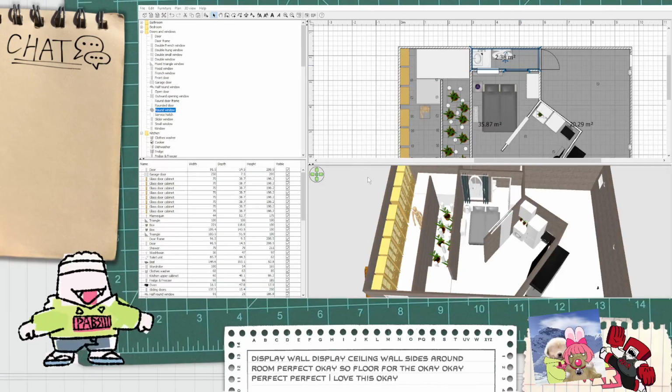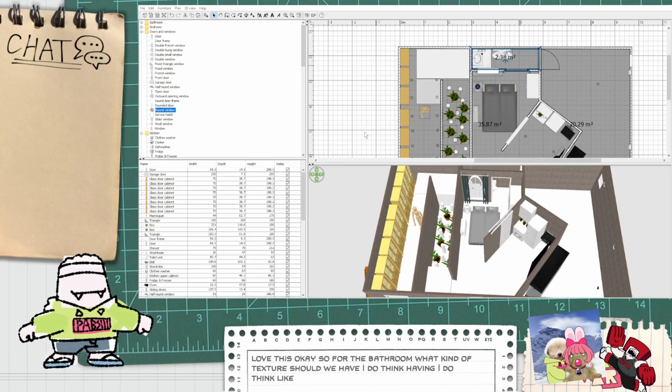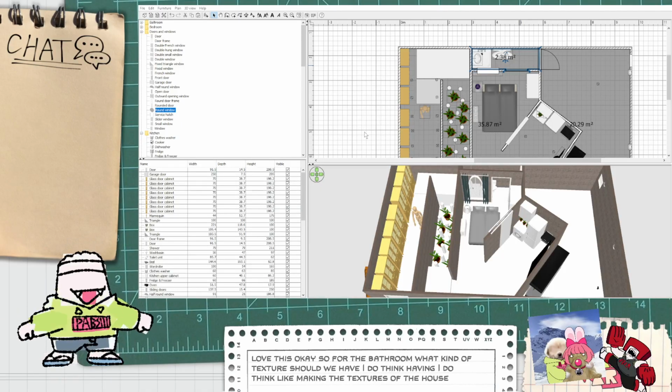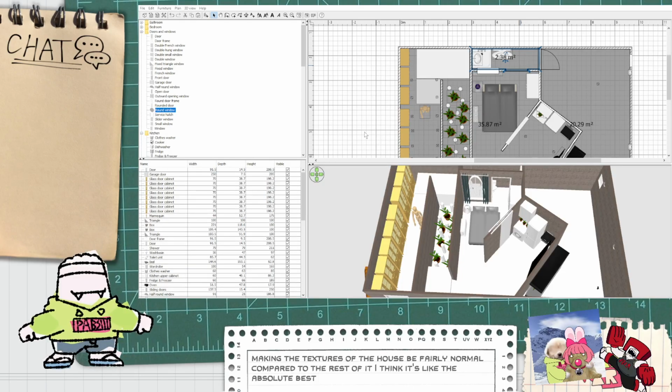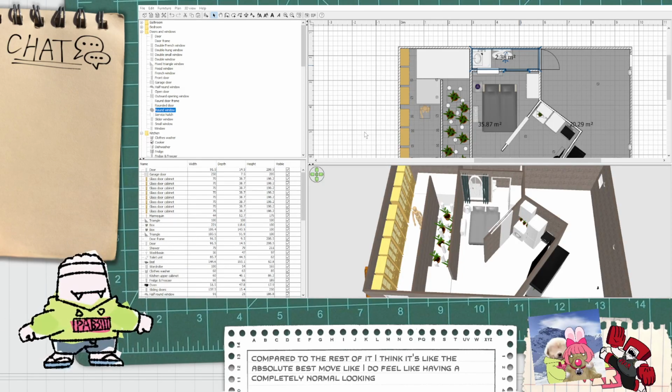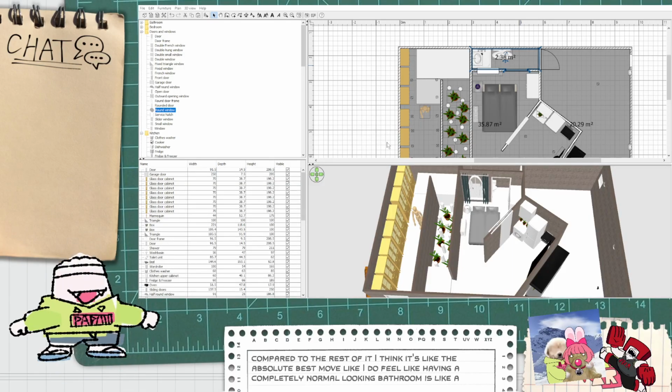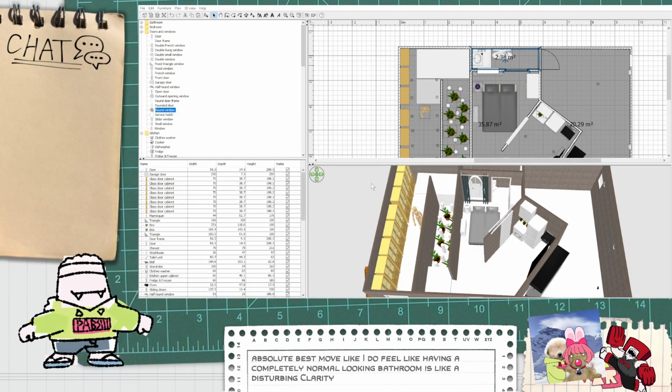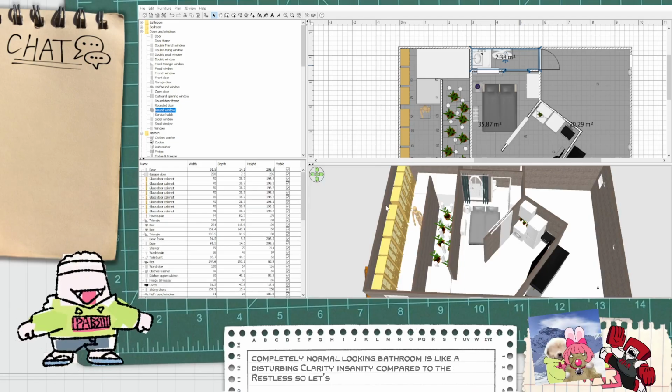Okay, so for the bathroom, what kind of texture should we have? I do think making the textures of the house be fairly normal compared to the rest of it is the absolute best move. Having a completely normal looking bathroom is like a disturbing clarity and sanity compared to the rest of this. So let's do gray tiles for the inside of the bathroom.